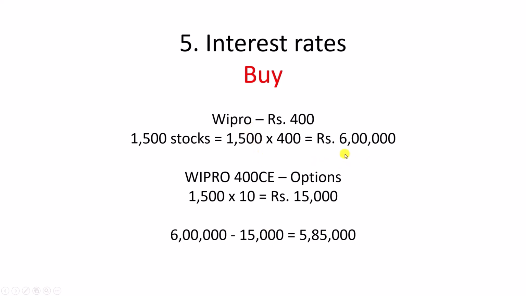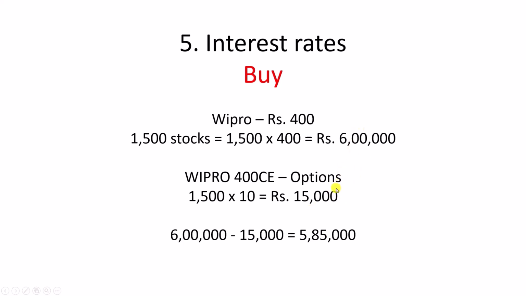So instead of going for stocks, I can buy the option, and the remaining money I can invest in government bonds and earn some interest on it, correct? Instead of buying stocks and hoping the price goes up, I can buy options.